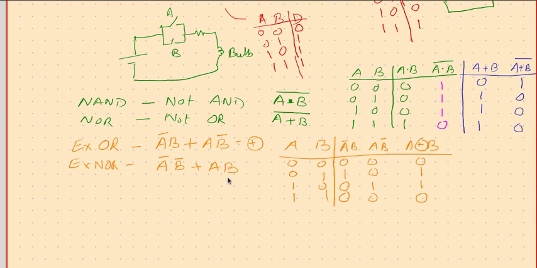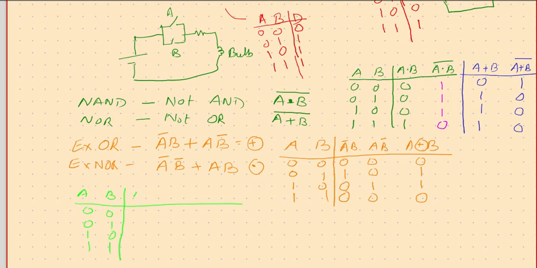The other way, if you talk about, is the XNOR. It is represented by a dot surrounded by a circle, like the plus surrounded by a circle for XOR. So we can say A, B: 0 0, 0 1, 1 0, 1 1.